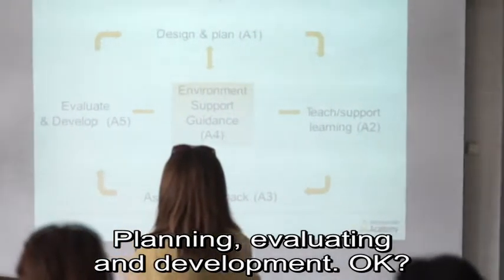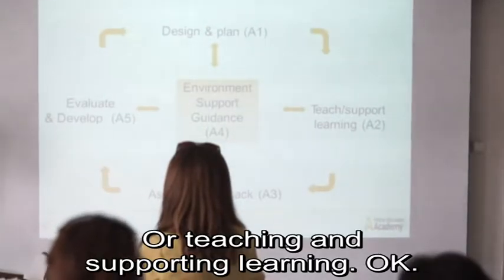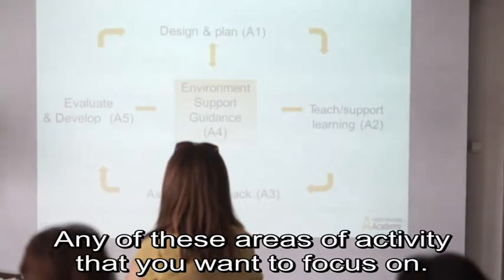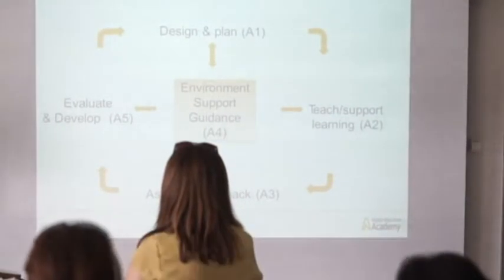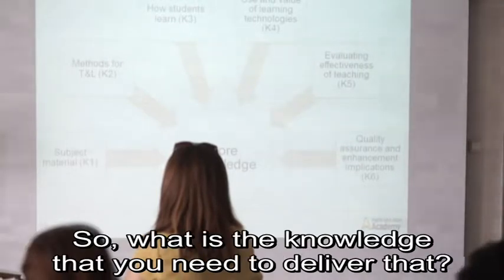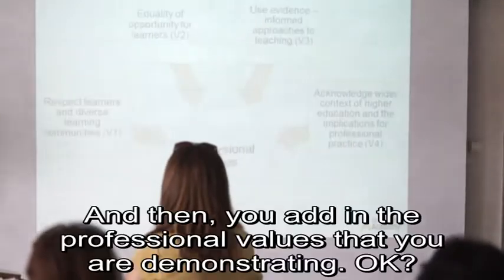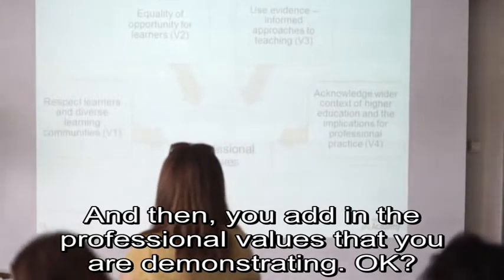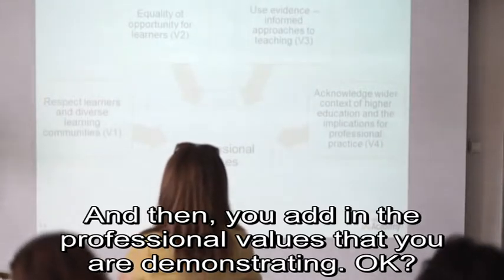Planning, evaluating and development, or teaching and supporting learning. Any of these areas of activity that you want to focus on. And then what knowledge do you need to be able to deliver that? And then you add in the professional values that you're demonstrating.